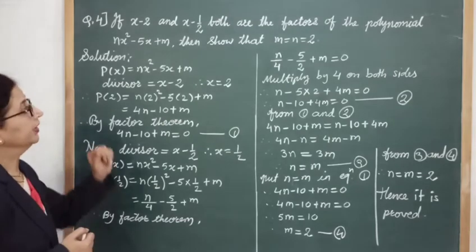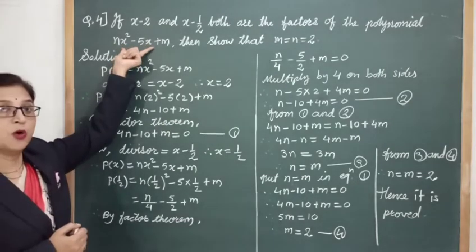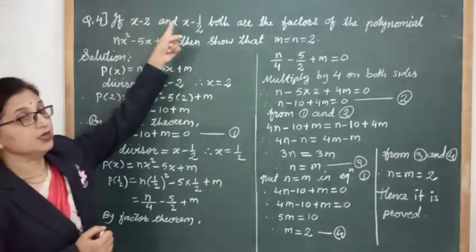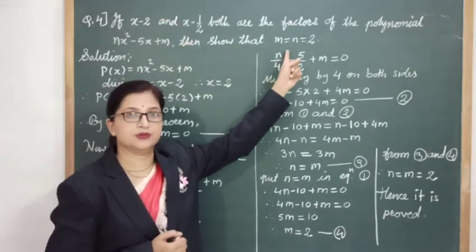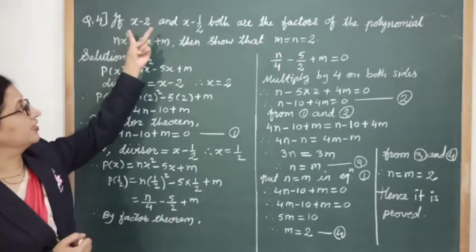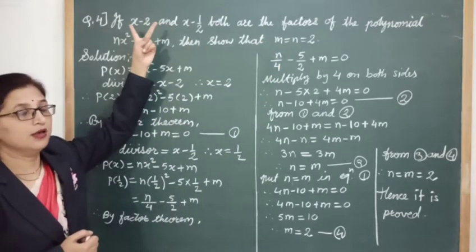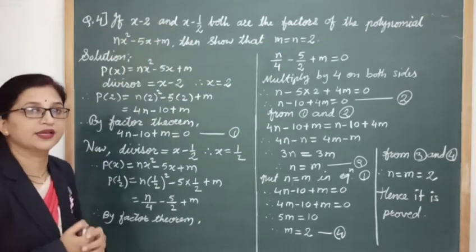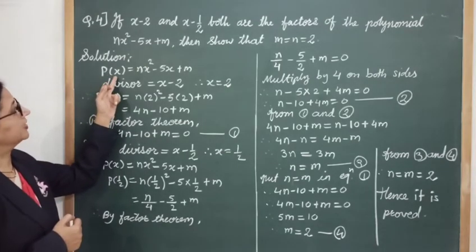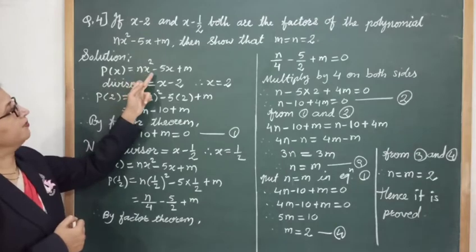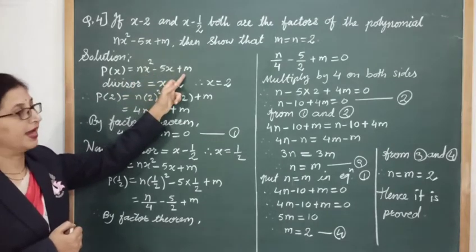Okay, now here for this polynomial there are two factors given, and we are asked to prove this. Okay, so as the two factors are given, let's put the value of one factor in the given polynomial. Okay, so here the polynomial p(x) is equal to nx square minus 5x plus n.